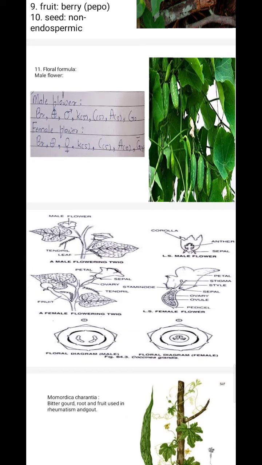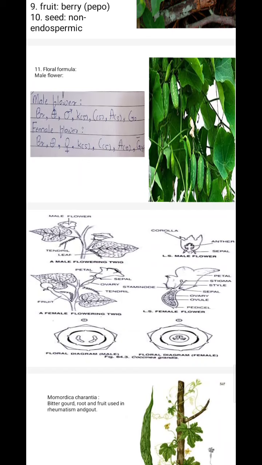Then in the LS of the flower of the male twig, you have to see small sepals and anthers present, and in the LS of female flowers, there are small pedicels. On those pedicels, the ovules or ovary are arranged.